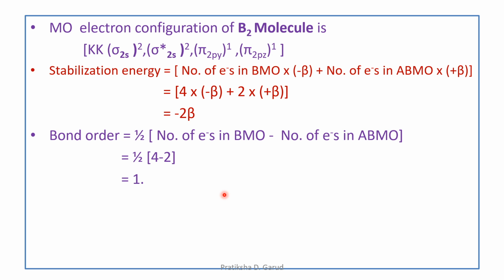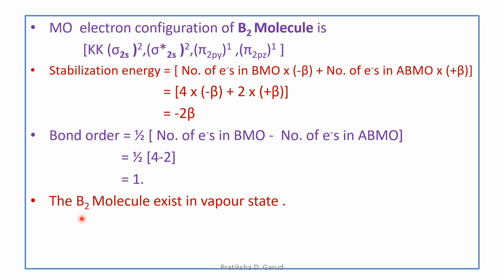And the last factor, the magnetic behavior, depends upon the last entering electrons. Now in case of these pi MOs, pi 2py as well as pi 2pz, they are degenerate, having the same energy. Both are having an unpaired electron, and as they are having unpaired electrons, we can say that this B2 molecule shows the magnetic behavior which is paramagnetic.